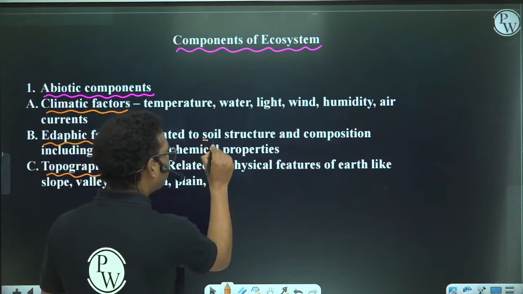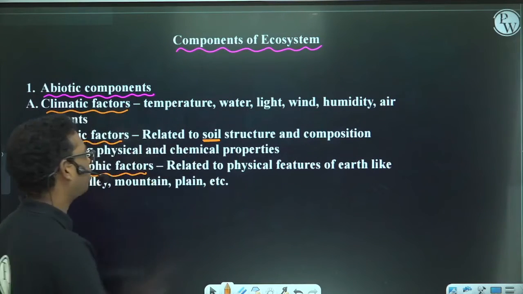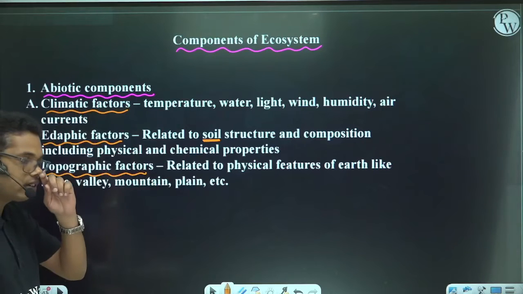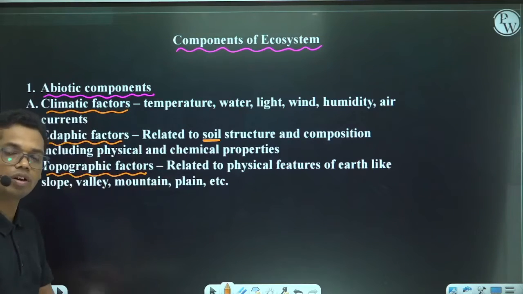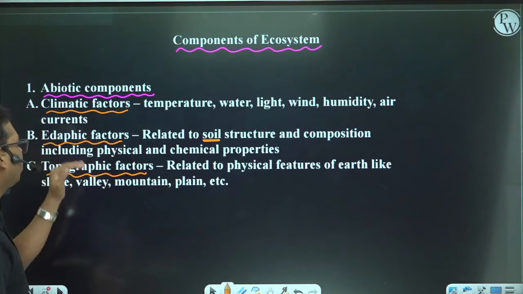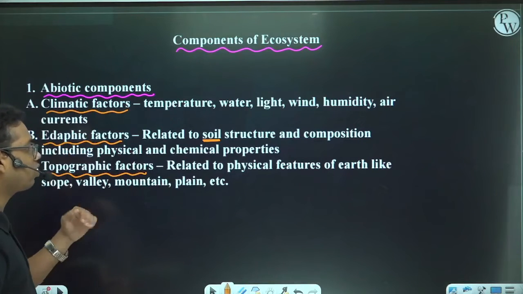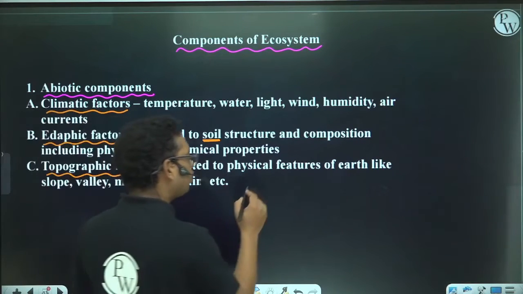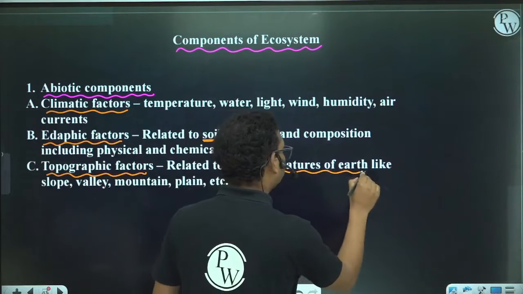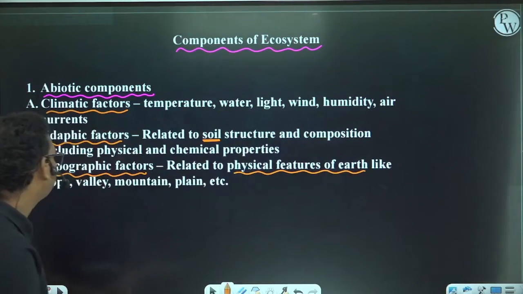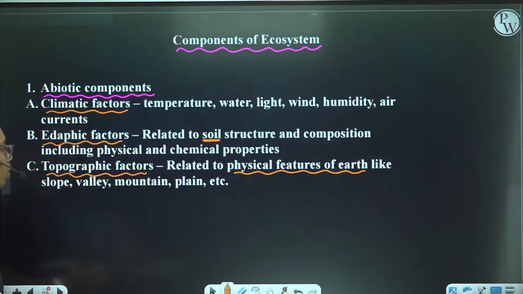Any factor which is related to soil structure or soil composition will come under the edaphic factors. And any factor which is related to the physical feature of earth will be called topographic factors. Examples: slope, valley, mountain, plain, etc. So these are abiotic components of ecosystem.